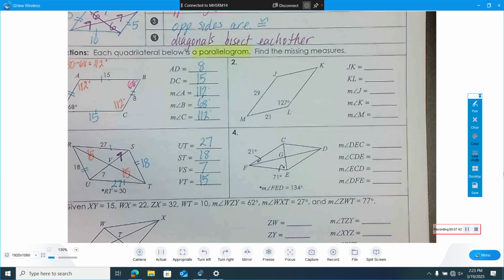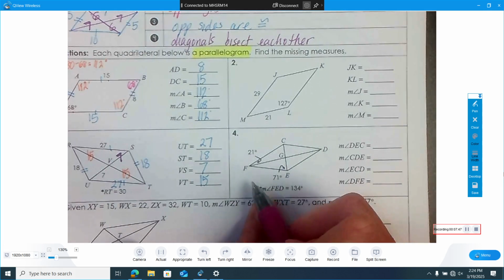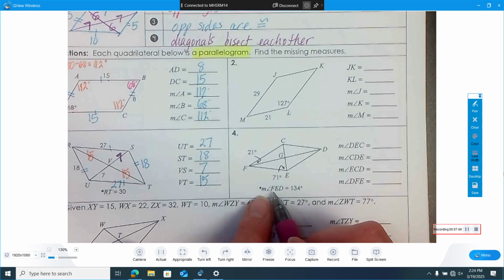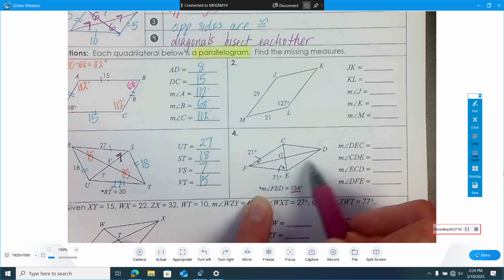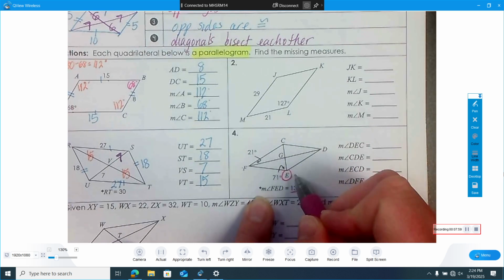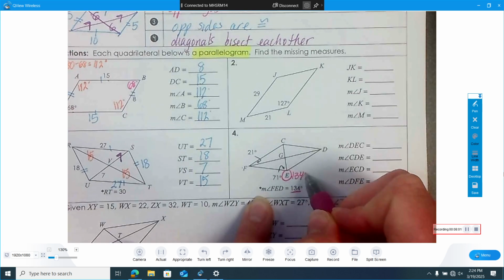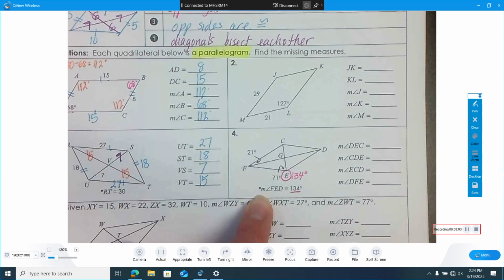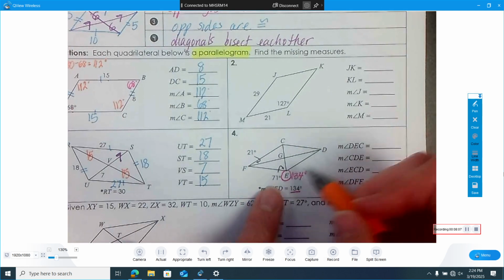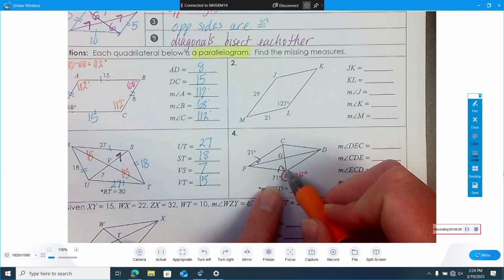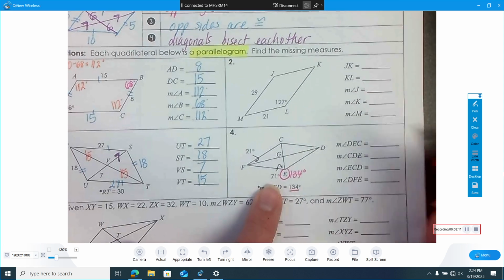So, we have been given that the measured angle FED is 134. FED is this entire angle E. The whole angle E is 134 degrees. Now, they've given us this little bit here that's 71. See the little tiny arrow there?